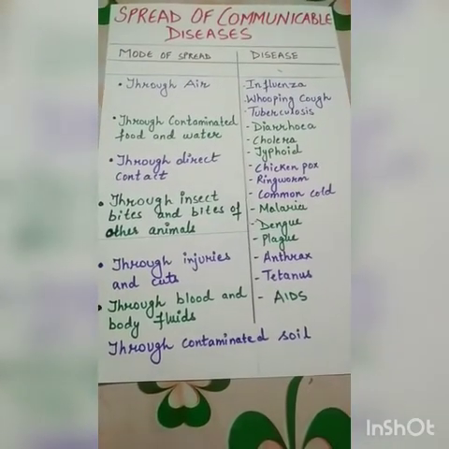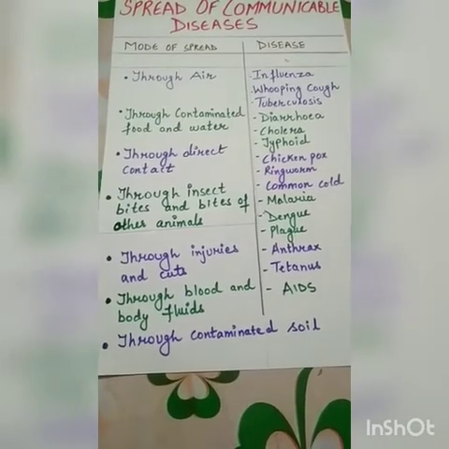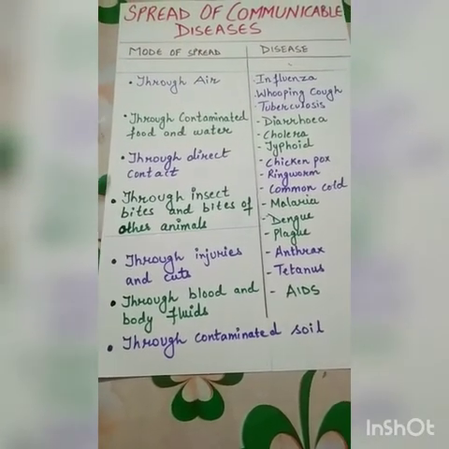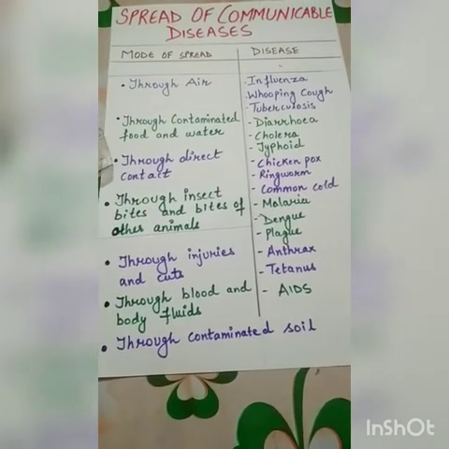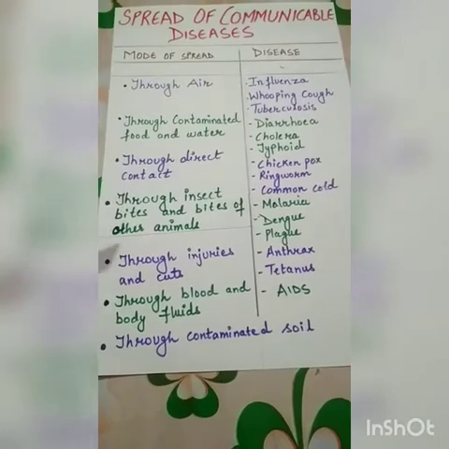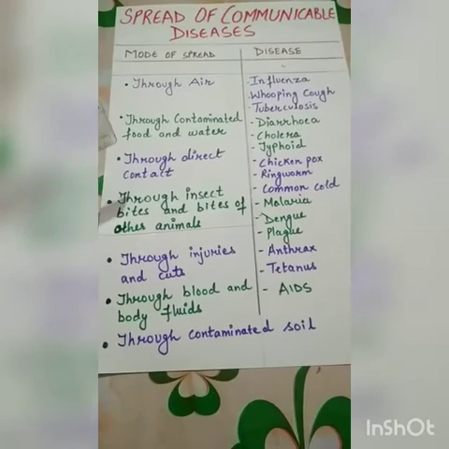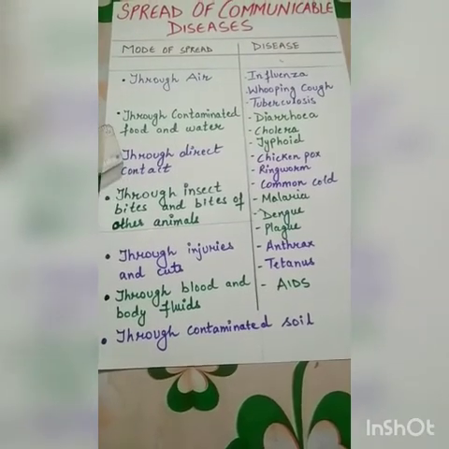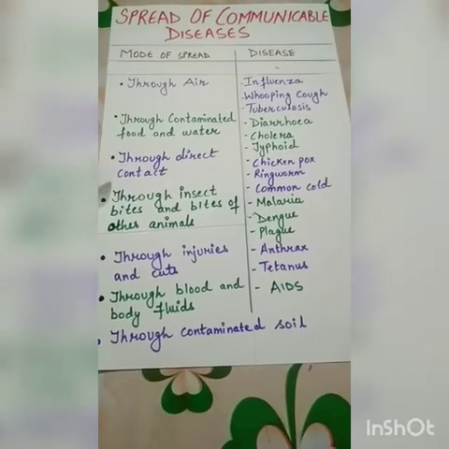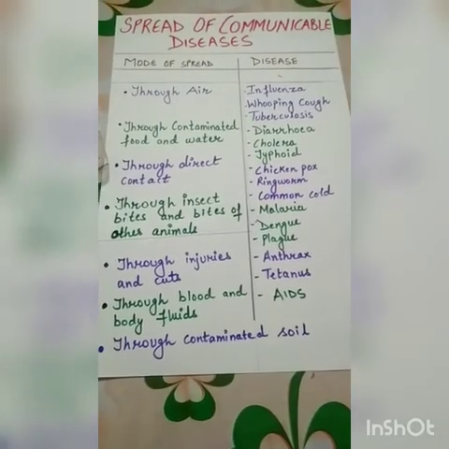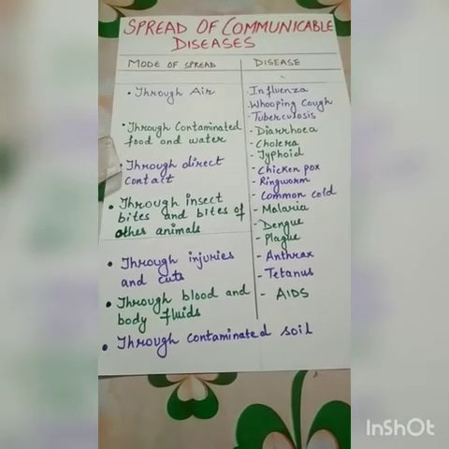The next way of spread of communicable diseases is through direct contact, like in the case of the COVID-19 disease, which spreads through direct contact with the infected person. Apart from direct contact with the infected person, things used by the infected person like clothes, utensils, etc. can also spread the disease.